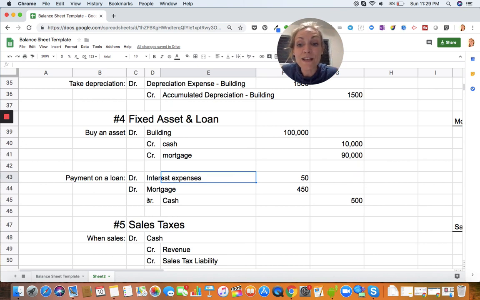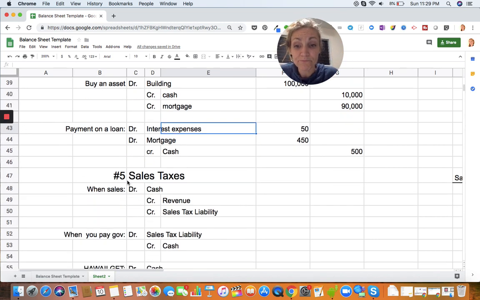Okay, number 5 is sales tax. So when you sell something, sales tax is often required by states to be charged. Hawaii is actually a little different, but I'll talk about that in a moment. The general way that sales tax works is you charge someone for something, whether service or product.